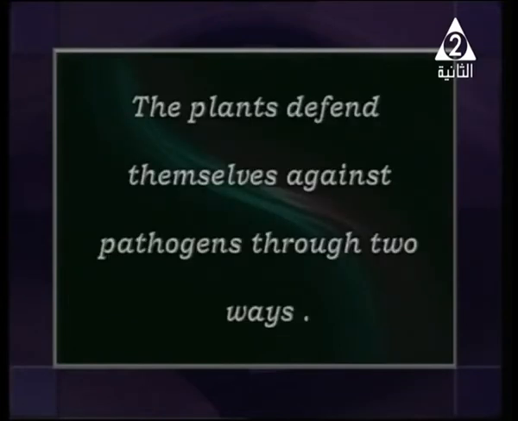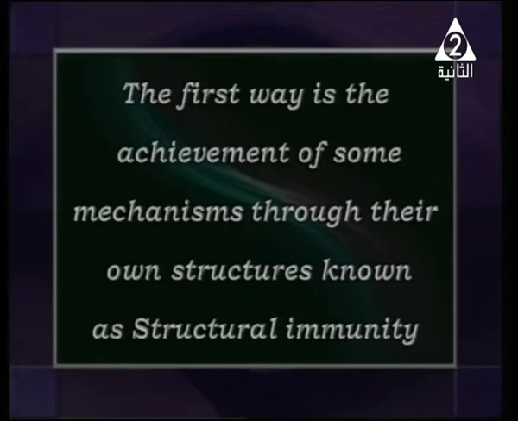The plants defend themselves against pathogens in two main ways. The first way is the achievement of some mechanisms through their own structures, the structure that already exists in the plant.